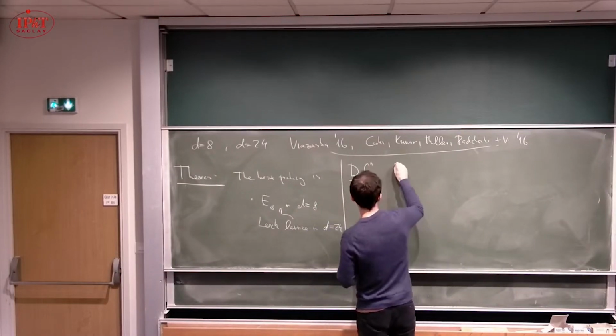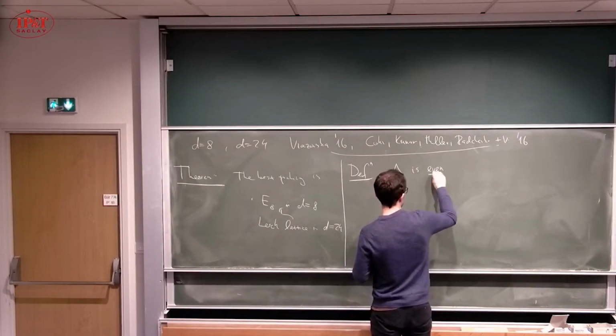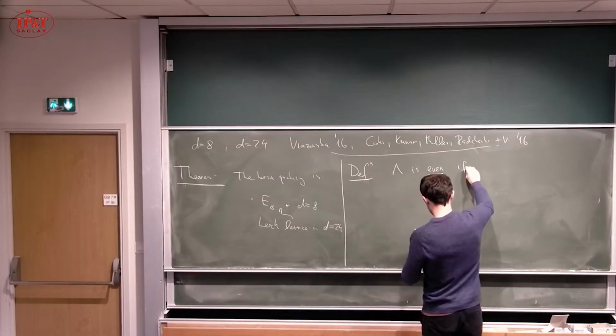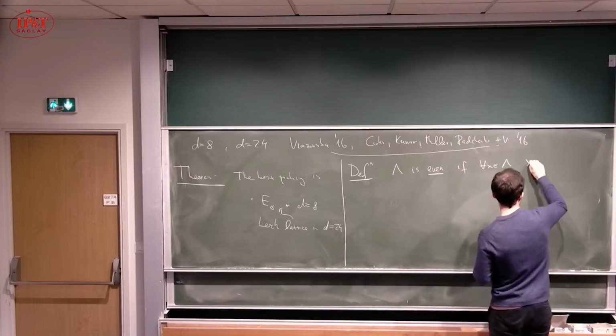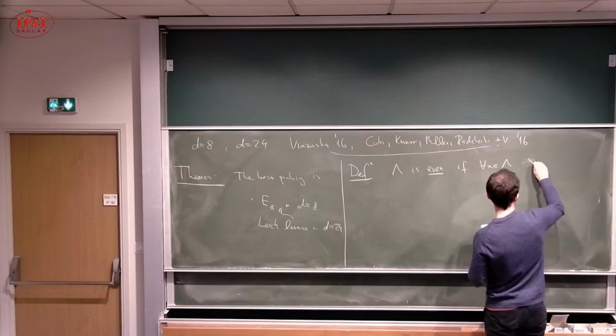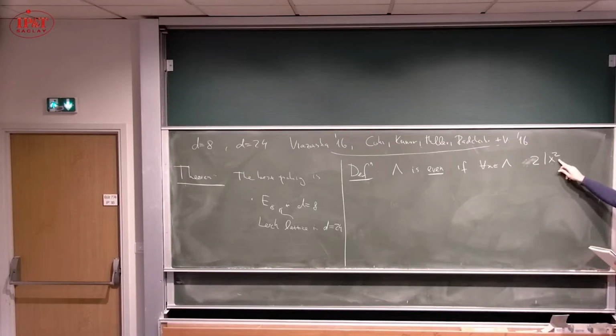A lattice Lambda is called an even lattice if all the vectors in the lattice have an even length squared, so 2 divides x squared. By x squared, I mean the norm squared.